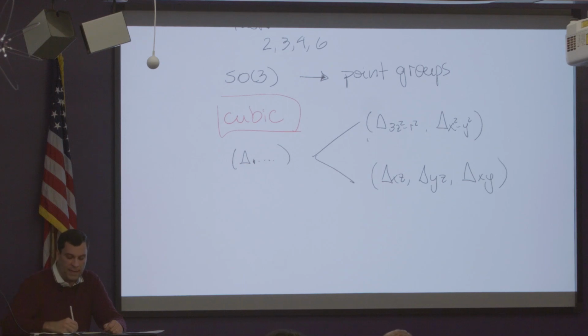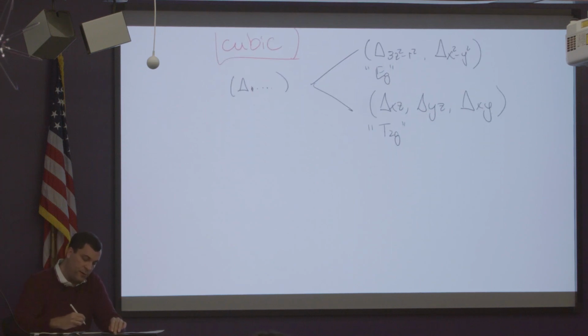These go by the names Eg and T2g, because they are irreducible representations of the group, which you may have heard in orbitals. But see, if you have a cubic D-wave superconductor, necessarily it has to be multi-component.